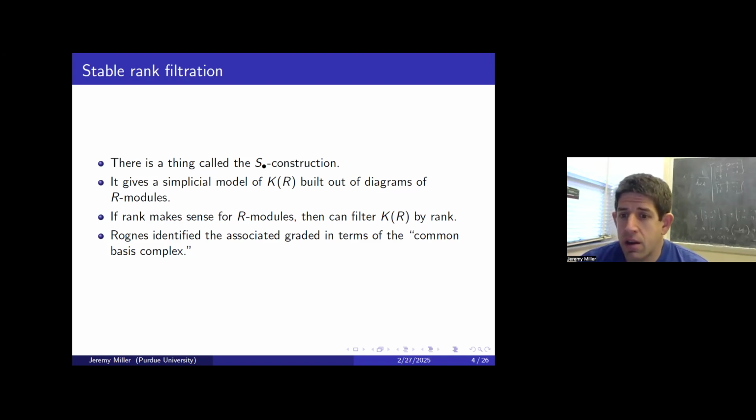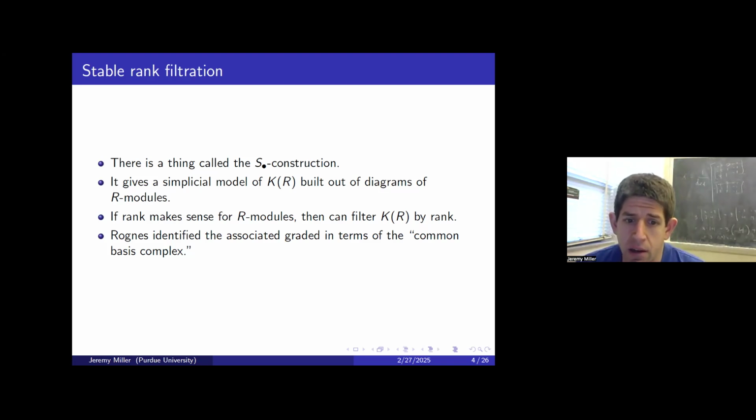Then you can filter your simplicial sets by just looking at the portion where all of the R-modules that appear have rank less than or equal to n. This gives you a filtration of the K-theory spectrum, by filtering the S-dot construction model of it by rank.